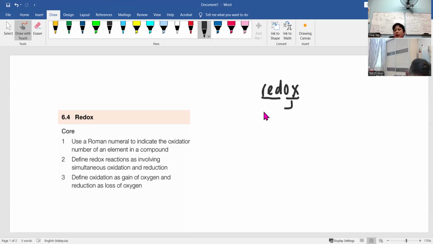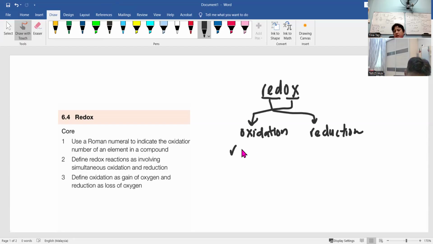Redox means OX stands for oxidation. RED stands for reduction. Okay? So oxidation is when something gains oxygen. Reduction is when something loses oxygen.